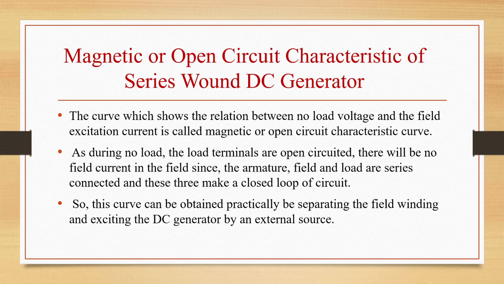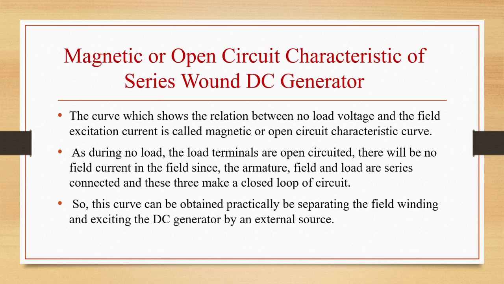During no load, the terminals will be open circuited and there will be no field current in the field, since armature, field and load are series connected, and these three make a closed loop of the circuit, as we have seen in the diagram.